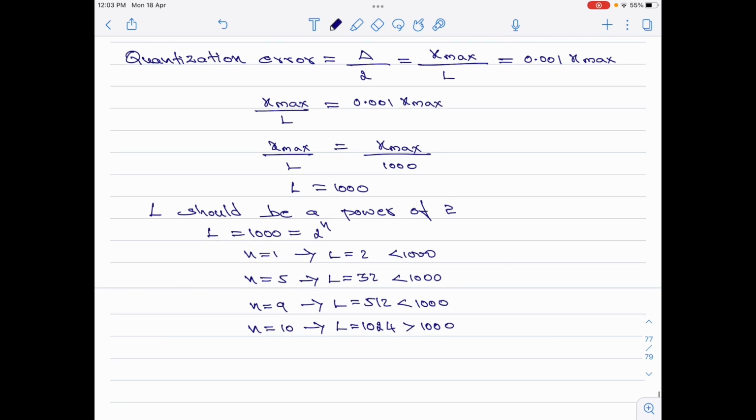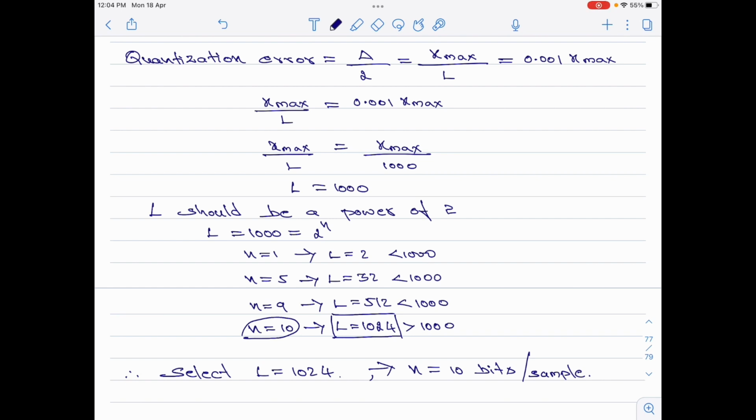So, we should now select L as 1024 because this now represents the value of L in power of 2. Therefore, we select L as 1024. For this value of L, we find the value of n as 10 bits. Please note, this is 10 bits per sample.